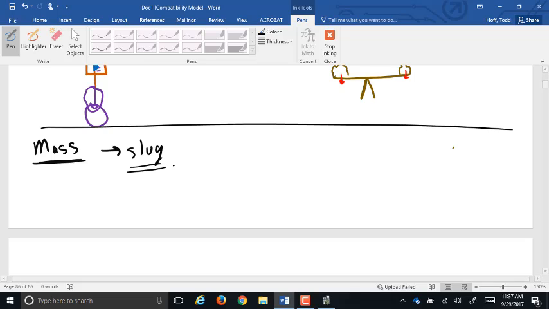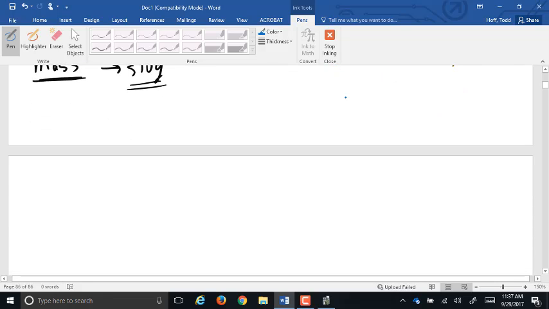Well, you ever hear the term, well, I got a whole slug of them sitting at home or whatever? One slug is about 32 pounds. So it's a relatively large unit. It's a little bit off, but it's about 32. We won't ever use a slug in here, by the way. A slug outside of engineering almost never gets used.